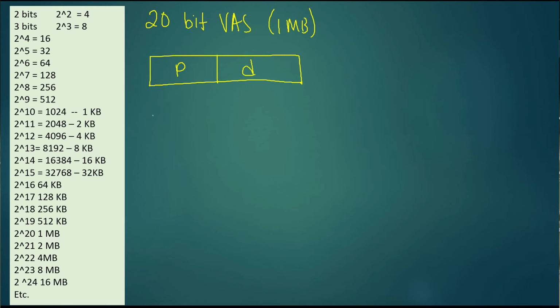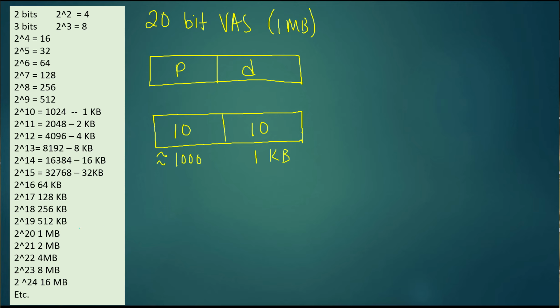Let's say we used 10 bits for the offset and 10 bits for the page number. That means you would have approximately 1,000 pages, all of size 1 kilobyte.